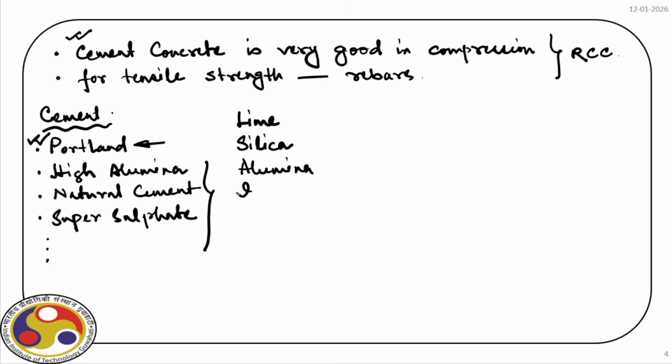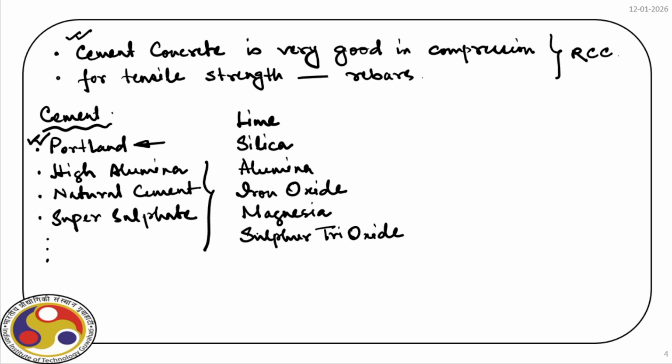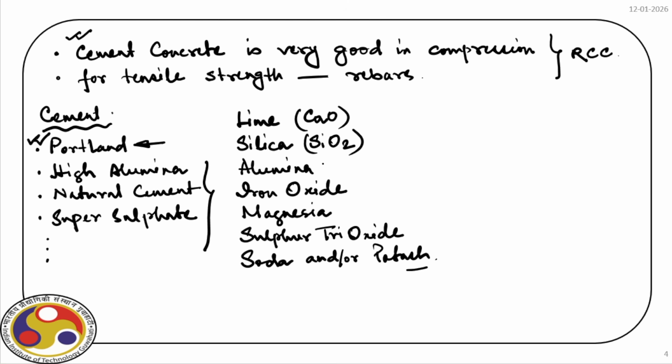Then iron oxide, magnesia, then sulfur trioxide, and finally soda and/or potash. So these are the different chemicals or chemical compounds used to prepare cement.